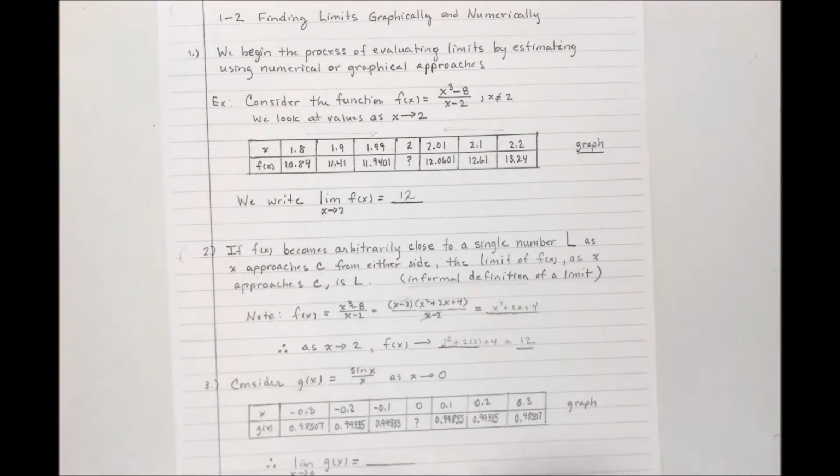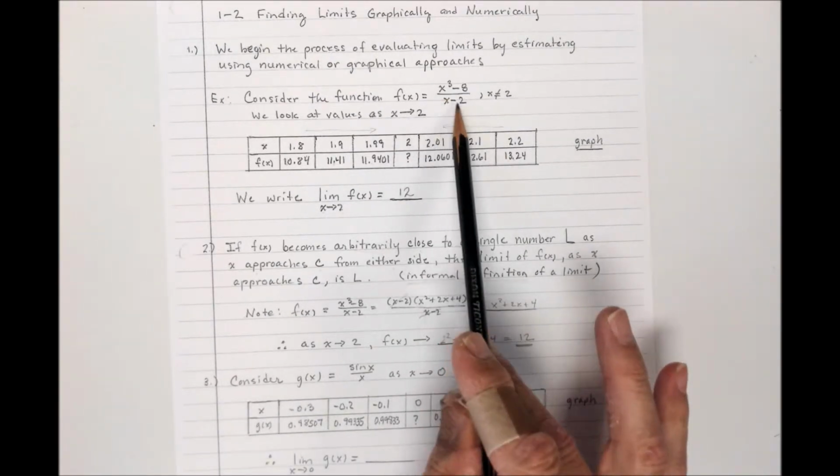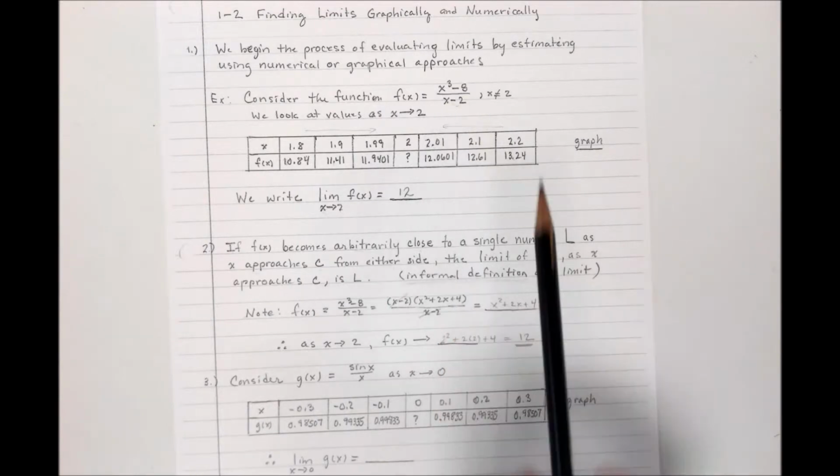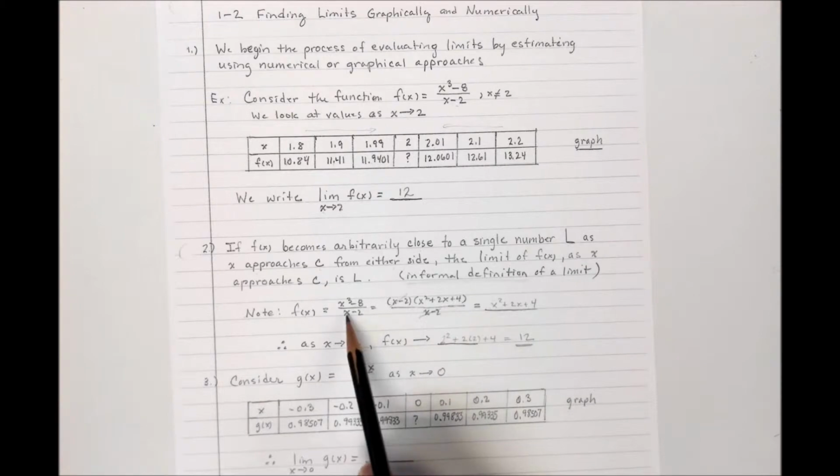And that kind of backs it up. Now, I couldn't do it by just plugging the number in here because I would get 0 in the denominator. But I have a function that's equivalent to this function. This guy here is equivalent to this function for all values except for x equals 2, which the function is not defined for.